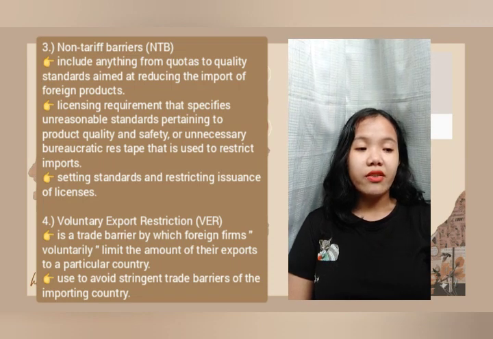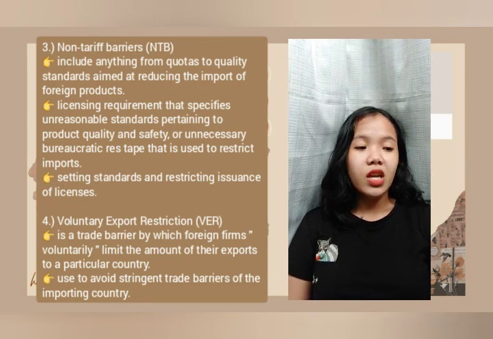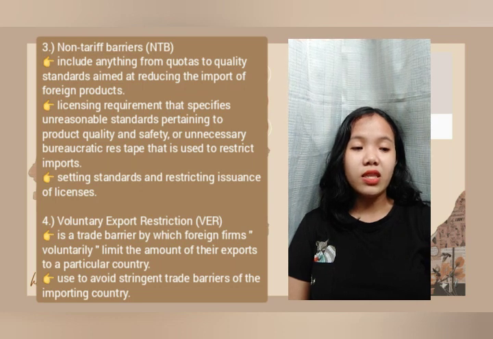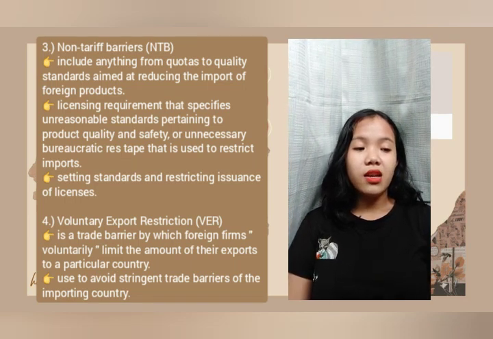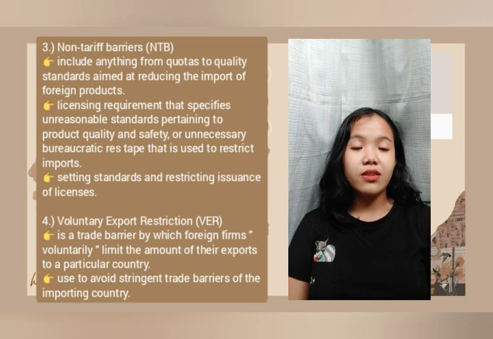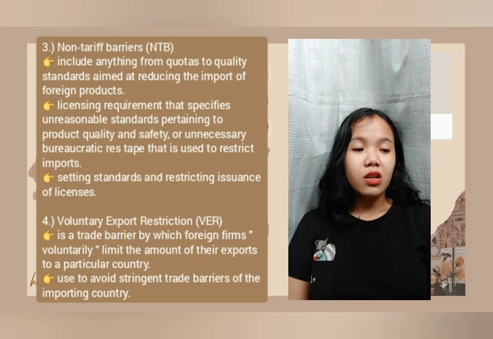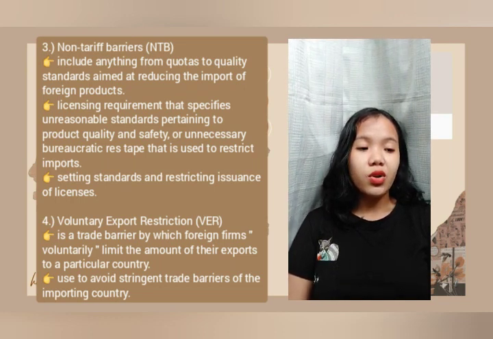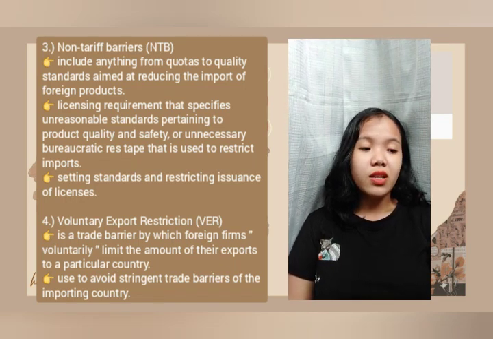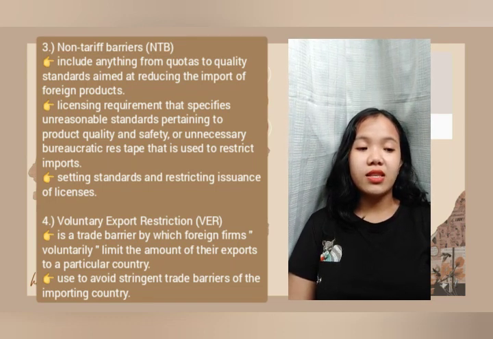Third, non-tariff barriers, or NTBs, include anything from quotas to quality standards aimed at reducing the import of foreign products. These include licensing requirements, unreasonable standards pertaining to product quality and safety, or unnecessary bureaucratic red tape used to restrict imports, setting standards and restricting issuance of licenses.